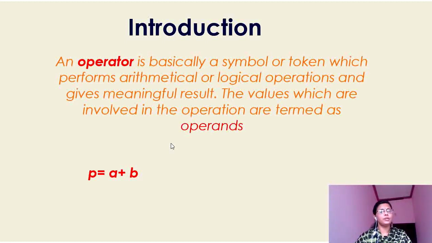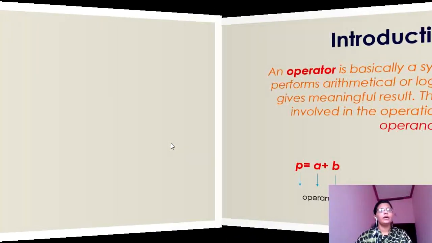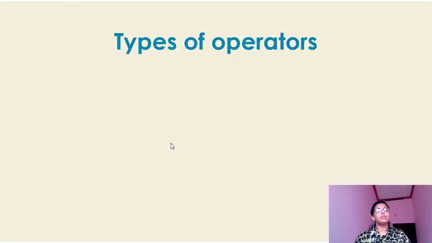The operator is plus, and what is working with this operator is A and B, and the result is stored in P. So your operands here will be P, A and B. You have 3 operands here, P, A and B. So that's the introduction about what an operator is and what operands are.